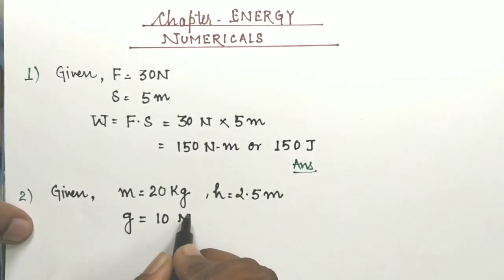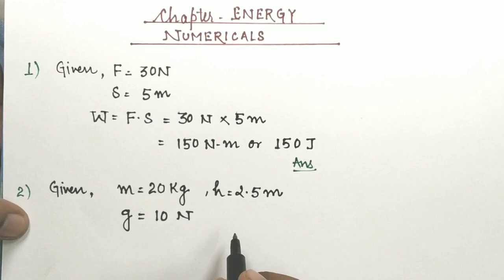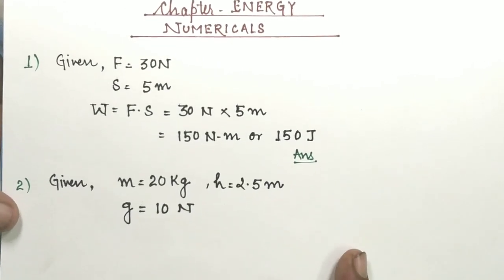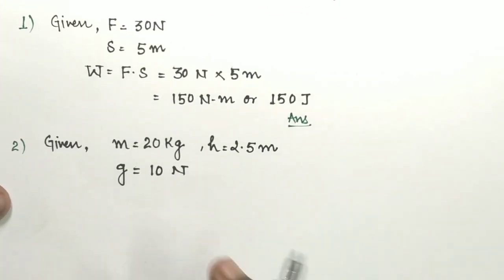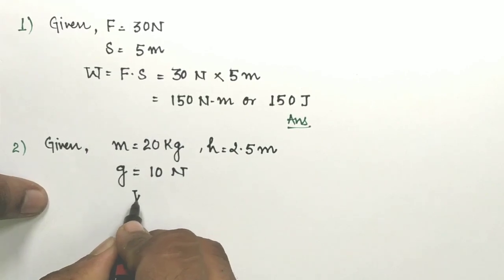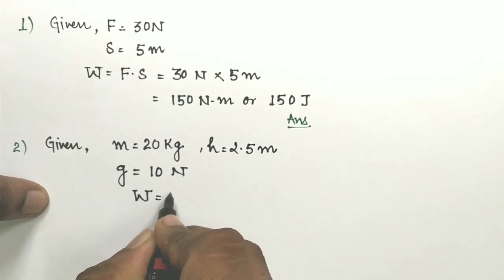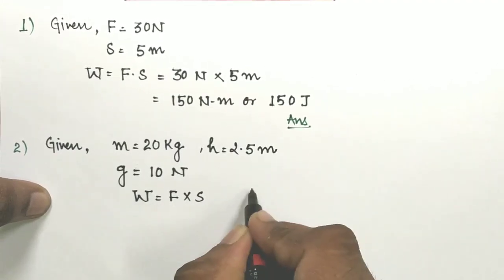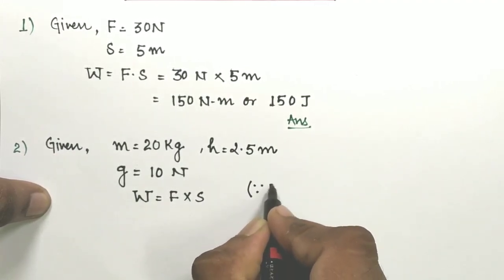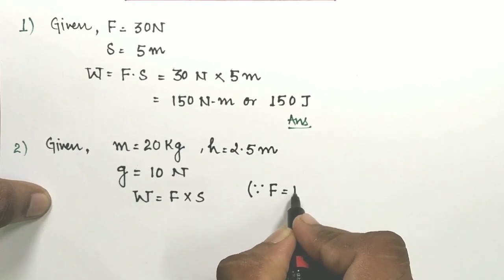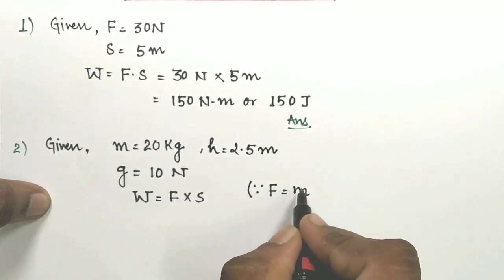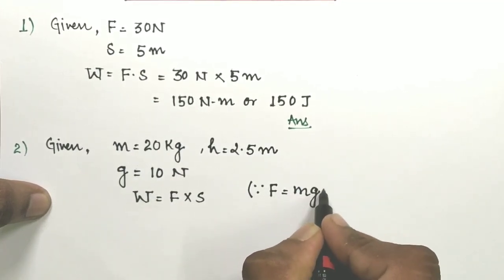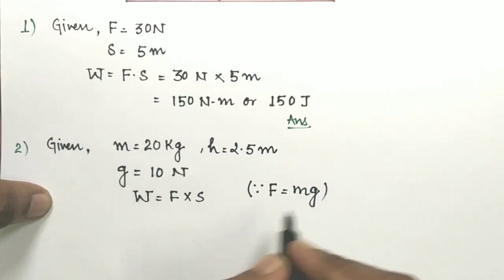So students, in this condition we have to calculate again the work done. In order to calculate the work done, as we know, work done equals force into displacement, and force equals mass into acceleration, and here acceleration is gravity, so F will be equal to mg.